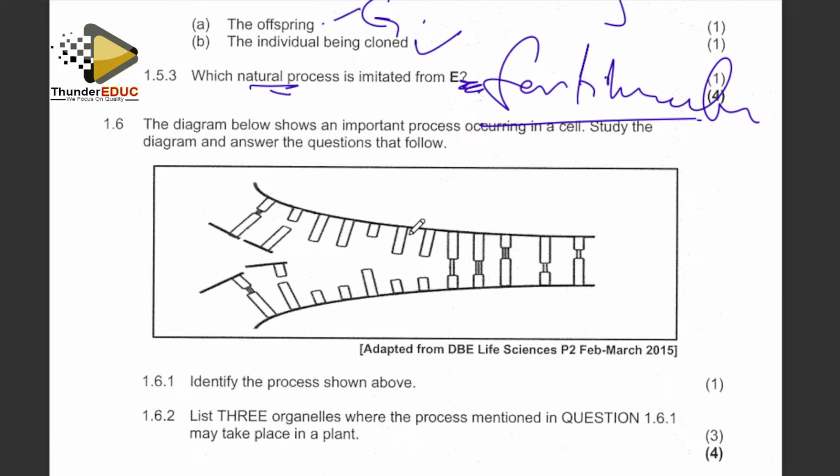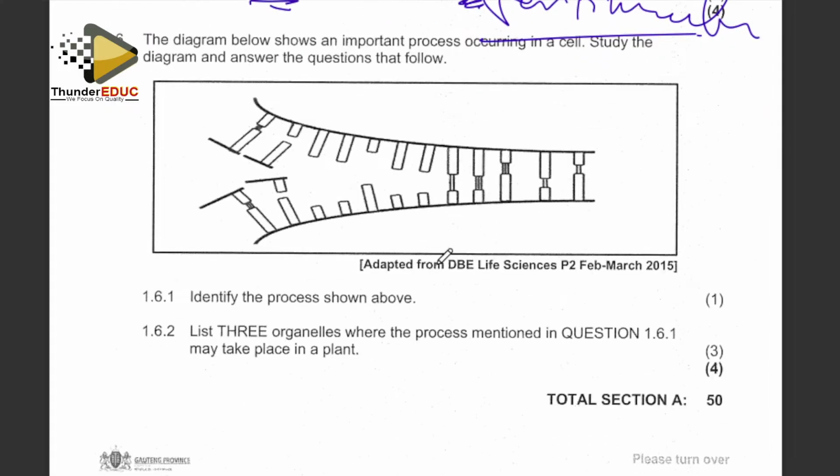All right, we continue. The diagram below shows the importance of a process occurring in the cell. Study the diagram and answer the questions that follow. All right, let's smash it. Identify the process. We say this process is DNA replication. List 3 organelles found. We talked about them. Number 1, the nucleus.